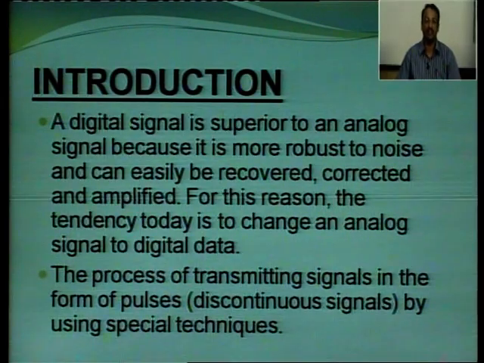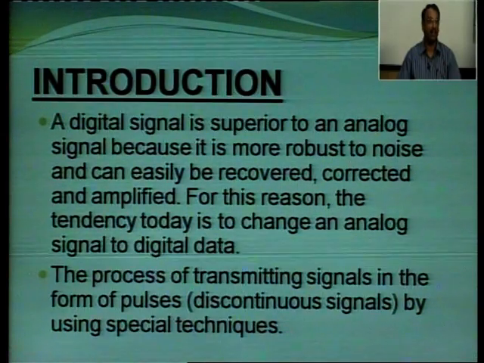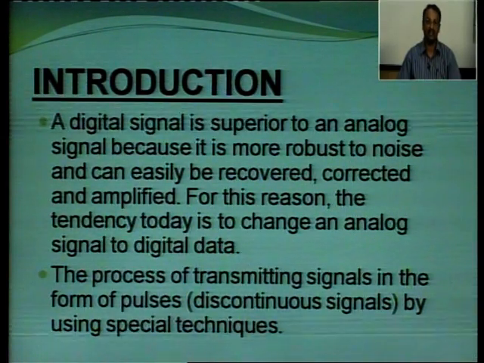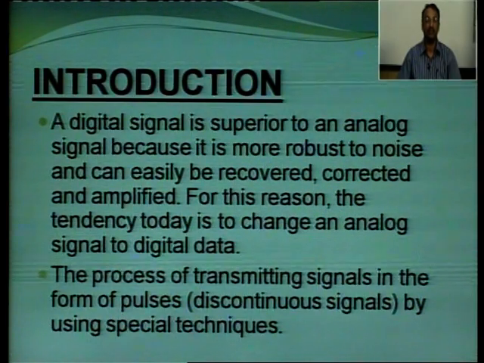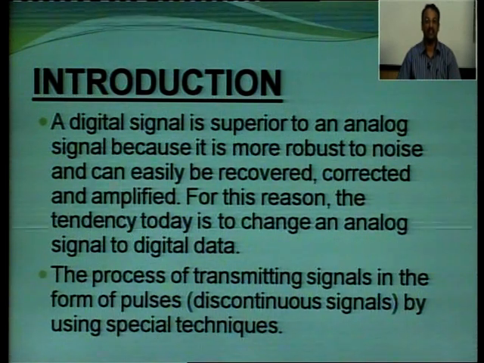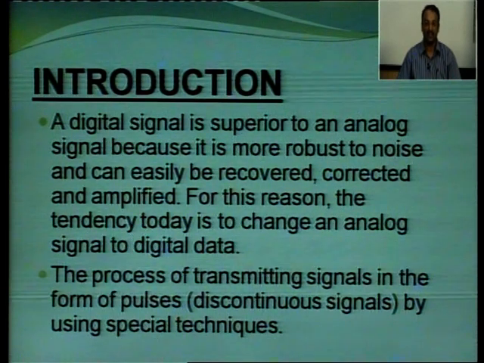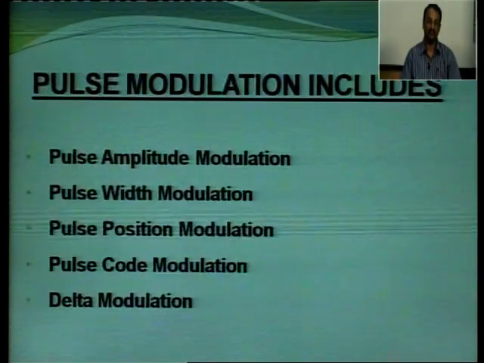A digital signal is superior to an analog signal because it is more robust to noise and can easily be recovered, corrected and amplified. For this reason, the tendency today is to change an analog signal to digital data. The process of transmitting these digital data in form of pulses uses special techniques.